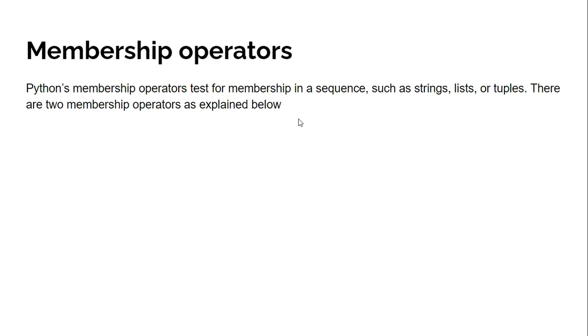I told you there are basically three sequences in Python: first string, second list, and third tuple. We will go one by one into strings, list, and tuple. These sequences can be strings, lists, or tuples.